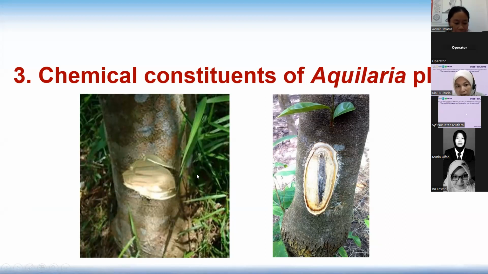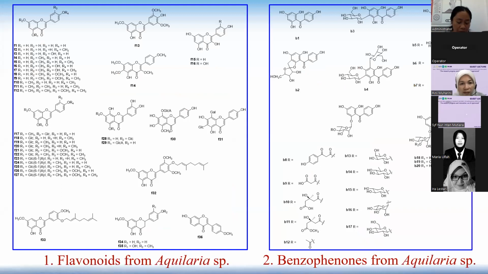So do they have the same chemical composition or not? So we also reviewed the publications and summarized the compounds from agarwood plants. And they mainly have the structures as below.